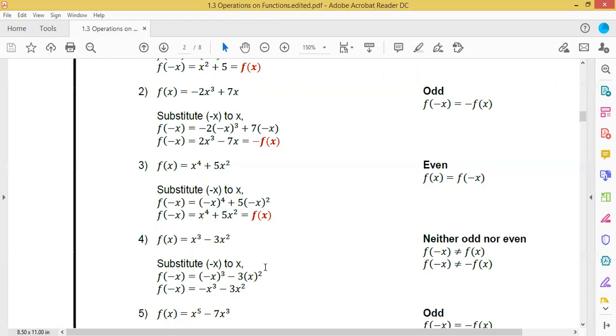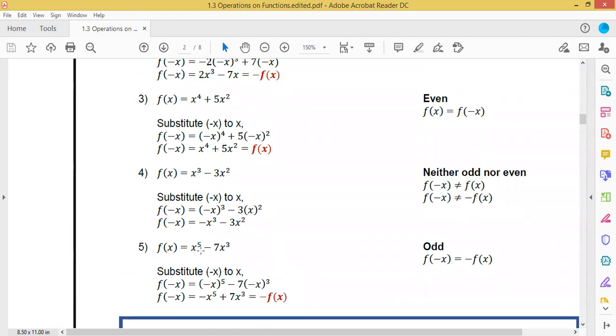That's an even exponent, so the answer is positive. Positive times negative, the answer is negative 3x squared. If you check the original function, they have different signs for x cubed, and for x squared they have different signs. So they are not the same, and this is not the exact opposite. Thus, it's neither odd nor even.